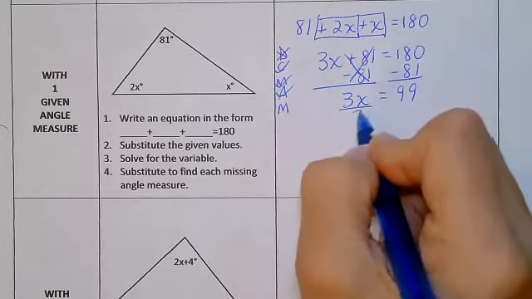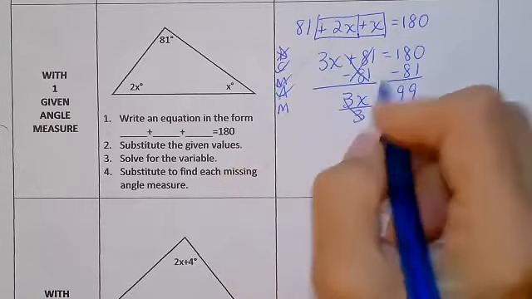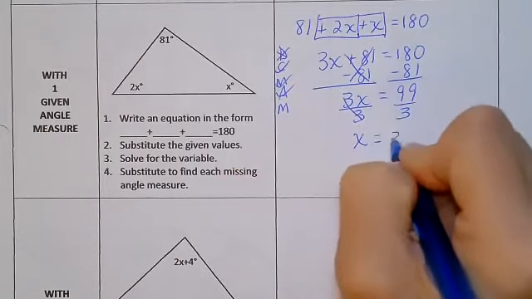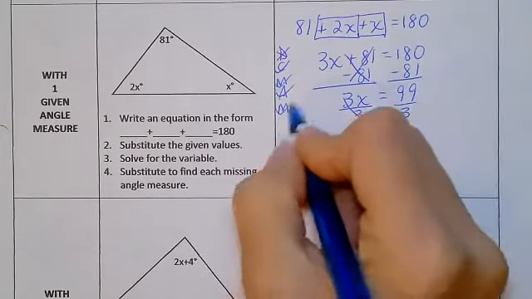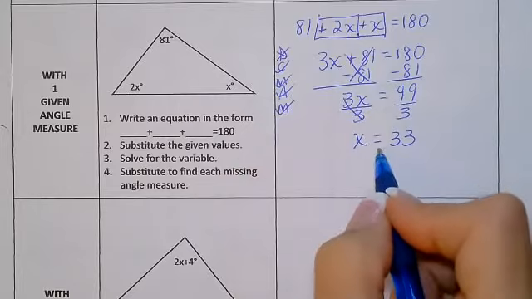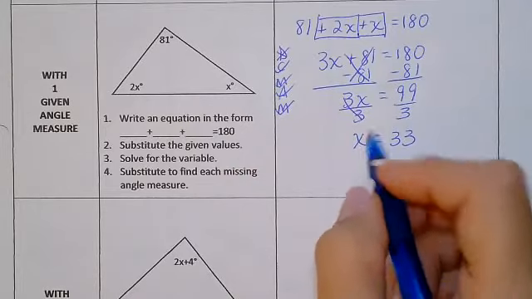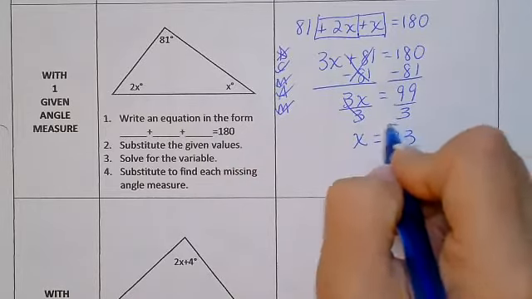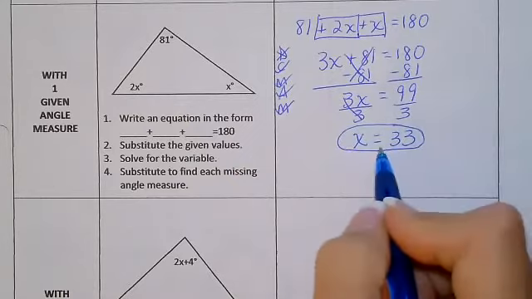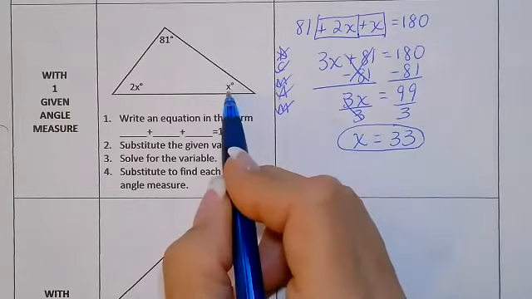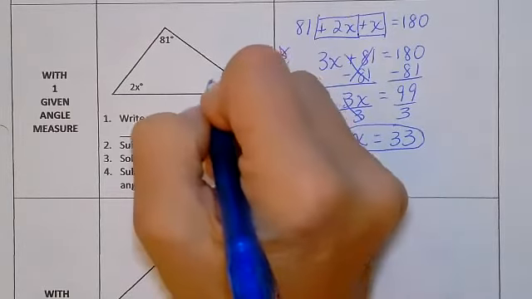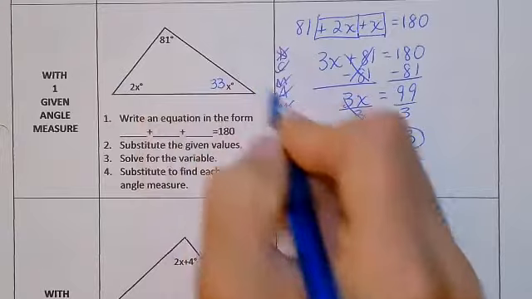And the last step is to divide both sides by 3. Okay, so now I know that x is 33. I can use that to find my missing angle measures. So this angle is x, so it equals 33 degrees.